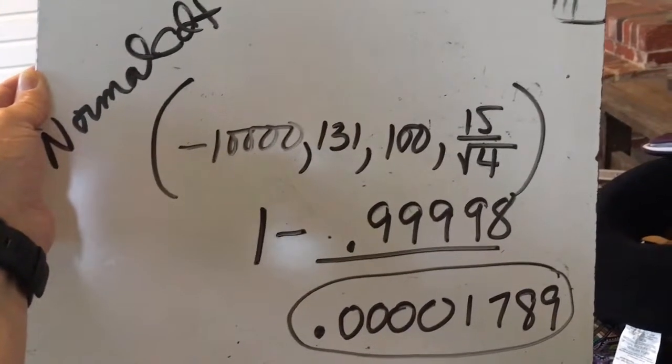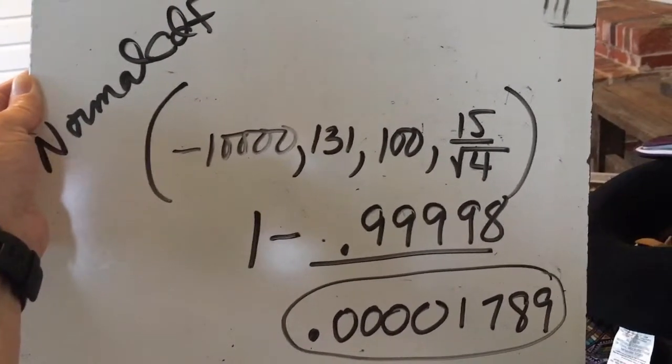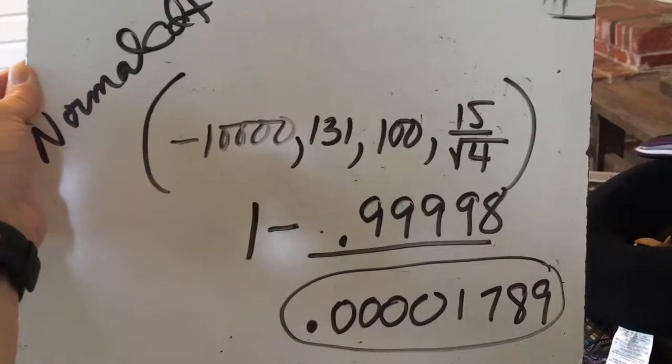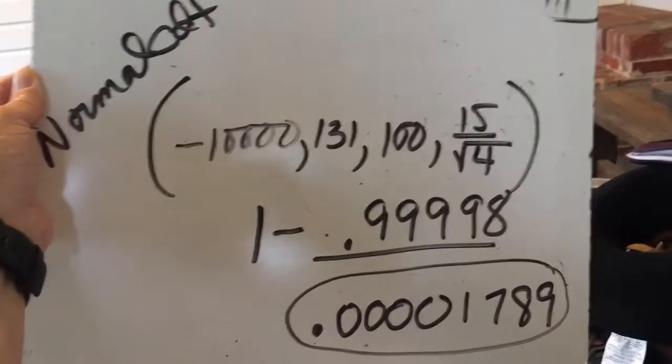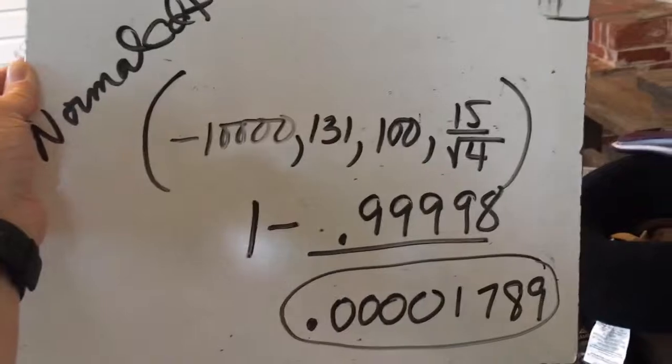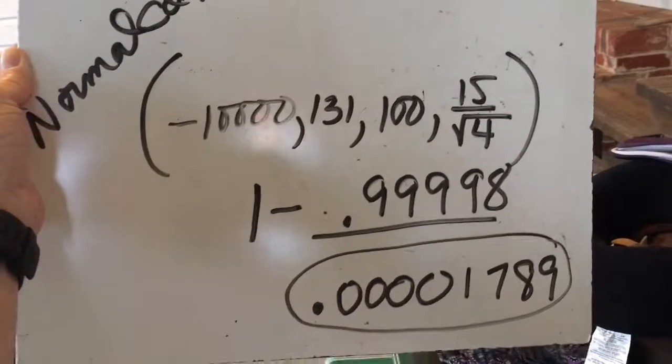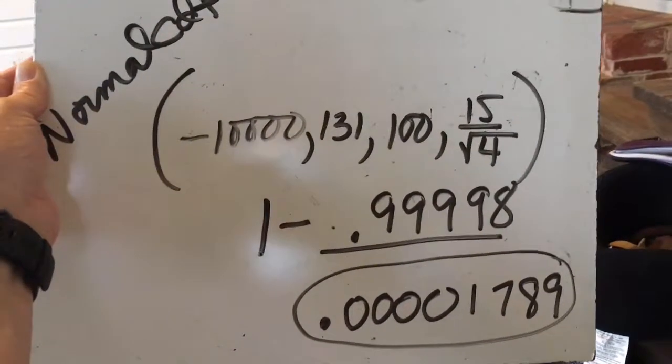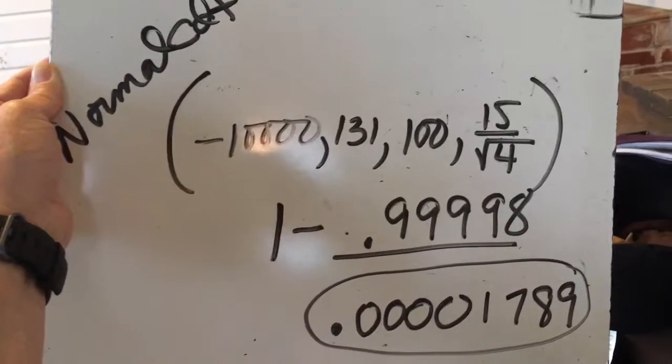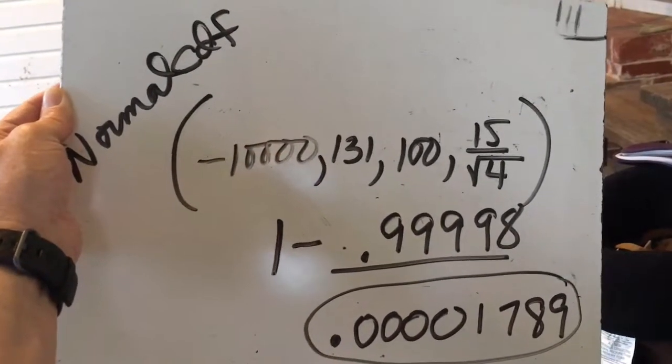When we do that, we get 0.99998. So we're going to be doing 1 minus that because we want the probability to the right, which gives us 0.00001789, which coincides with your book's answer.